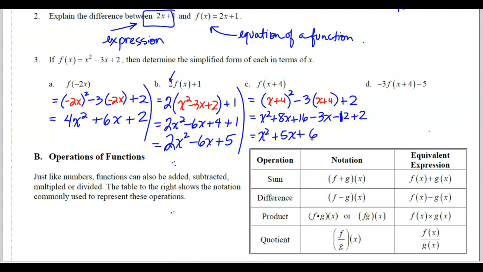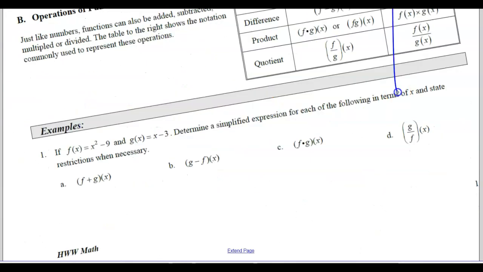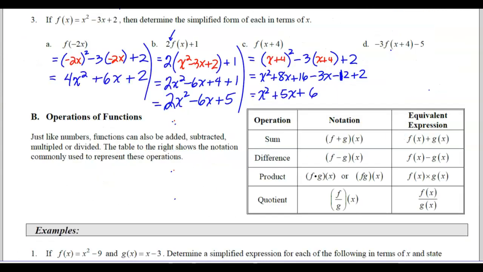Then last one, actually, we've already done part of it. Okay, so we have here, you've already done the f of x plus 4, so why not just substitute it in right away?